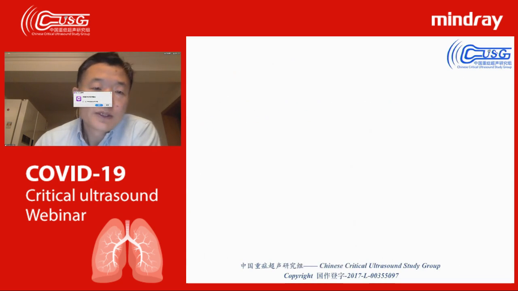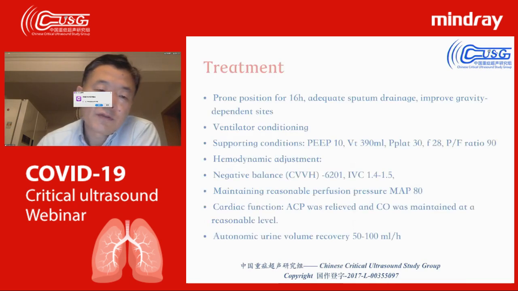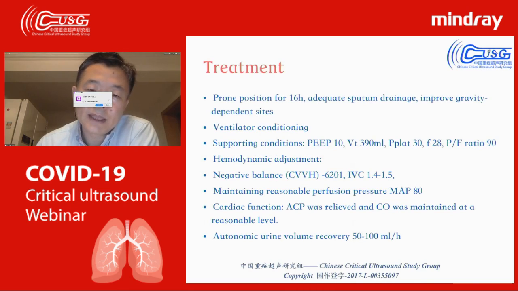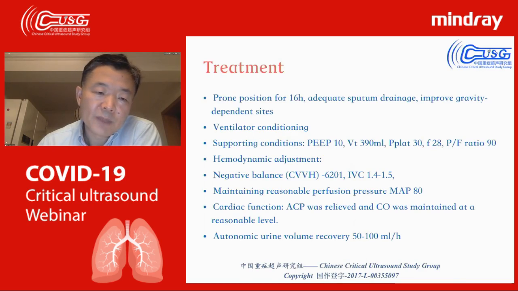So for the treatment, they changed from that condition to the prone position for 16 hours per day, and use an adequate sputum drainage method, and improve the gravity dependent site. They use bronchoscopy to drain the sputum.